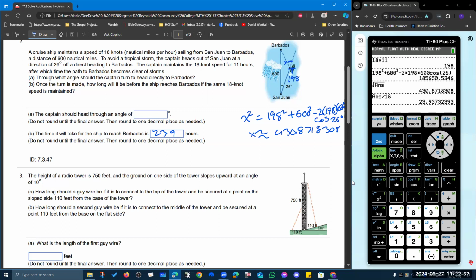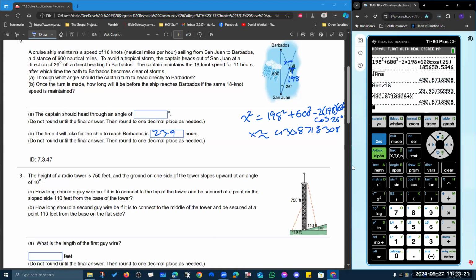That angle up there is going to be probably most easily found with the law of sines now that I have this side here. So let me go back up here and store that.